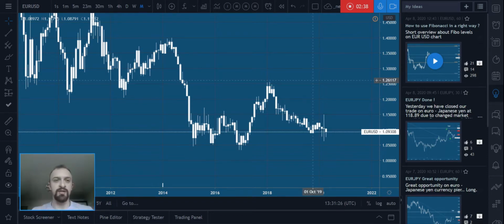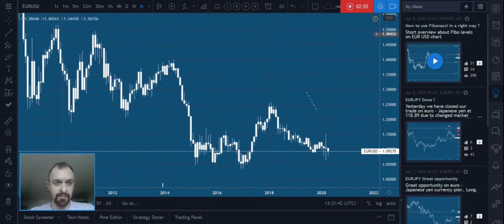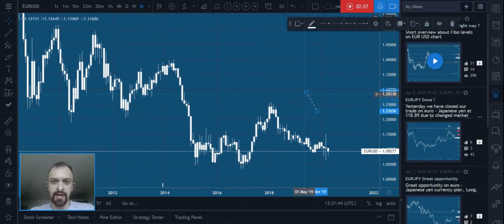So let's get started. Trend lines. Now this is a pure chart without anything. This is the monthly time frame, and I see the downtrend here. Okay, we can analyze the downtrend.